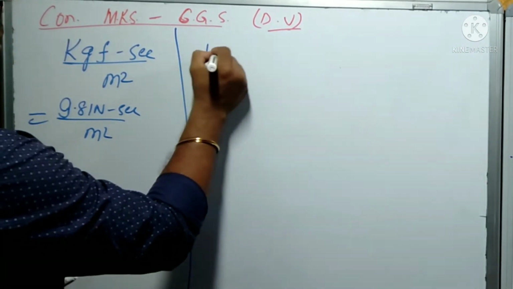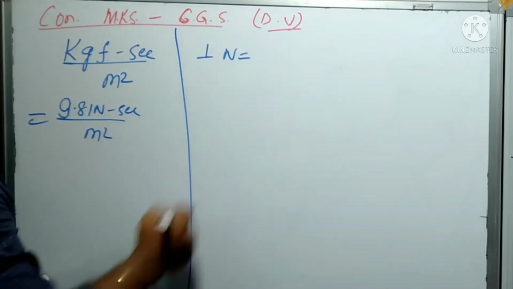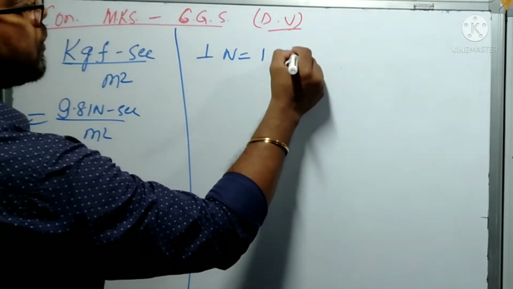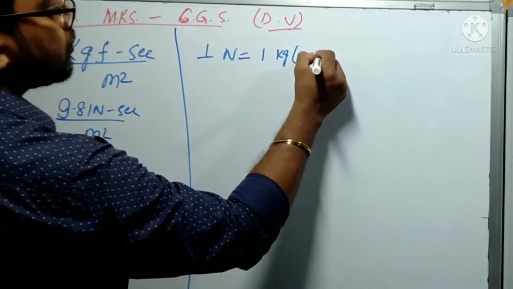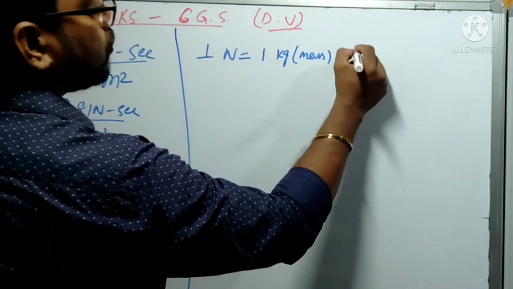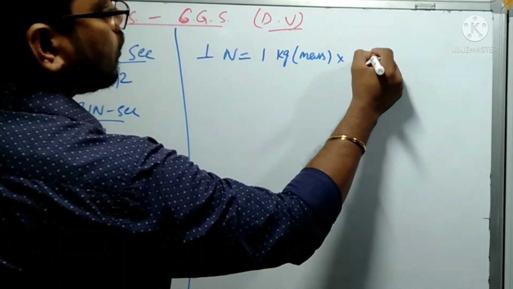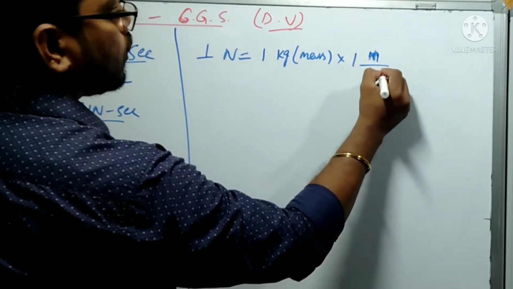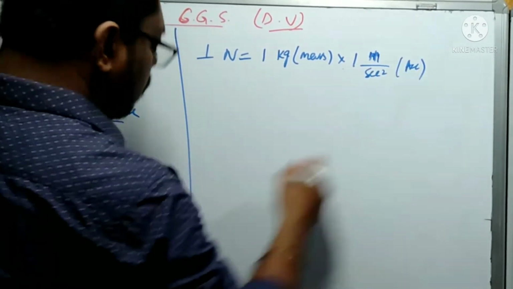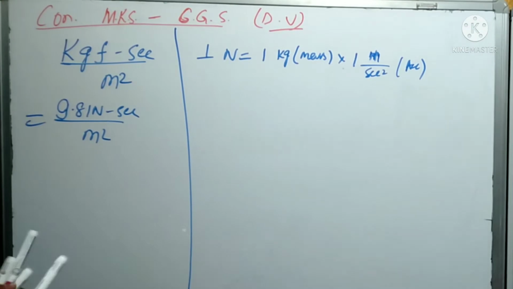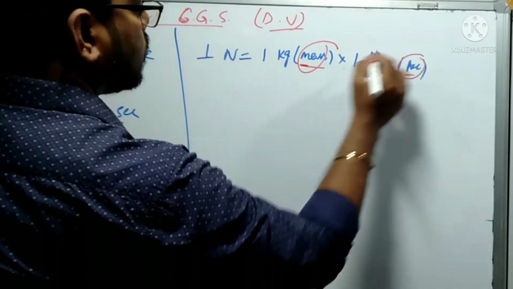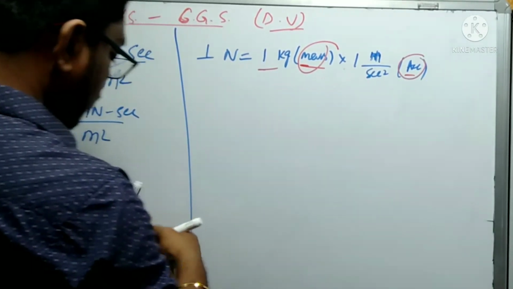Now 1 Newton is equal to 1 kg, that is mass, into 1 meter per second square, that is acceleration. Why? We know Newton is a unit of force, and force is equal to mass into acceleration. So mass into acceleration, 1 kg into 1 meter per second square.